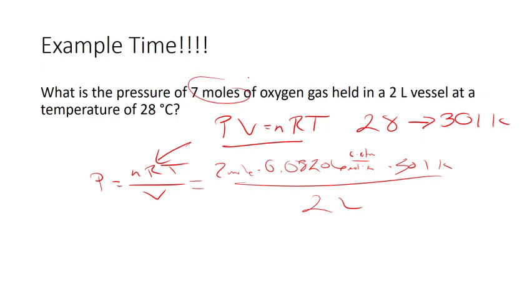Because we see in our equation here we've got 7 moles, 2 liters, and our temperature. And when we do all that math, if I could punch this into the calculator correctly, that would help.